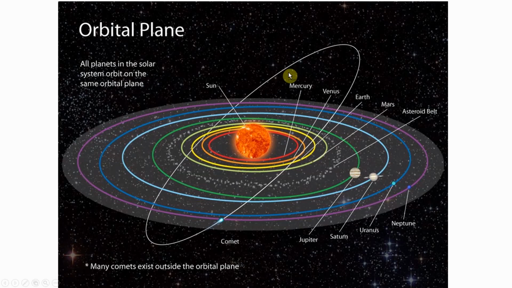Here's a picture of our solar system. All of the planets are orbiting in almost exactly the same plane and in the exact same direction. Now, why is that? Well, whatever created the solar system, some kind of giant rotating gas cloud, had angular momentum.